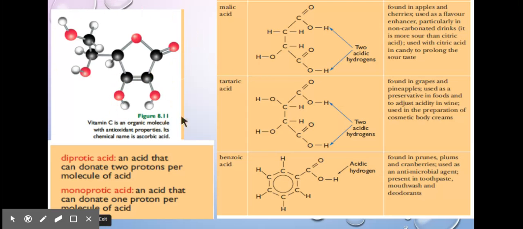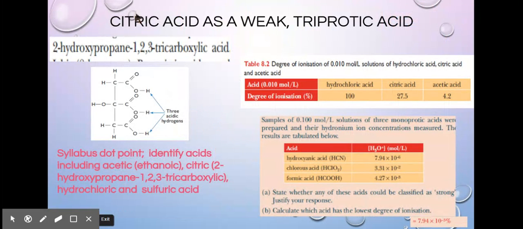So this is a vitamin C molecule. And that's different to citric acid, which is a triprotic acid. It's got 3 of these carboxylic acid groups that are easily able to donate a proton. And that's there in citrus fruits.